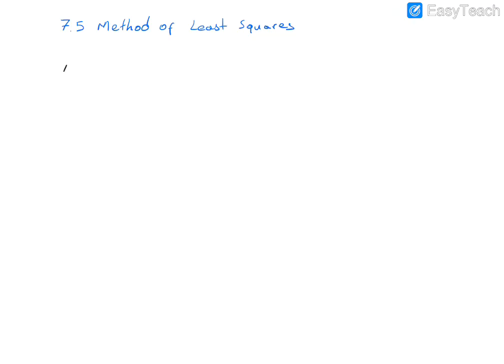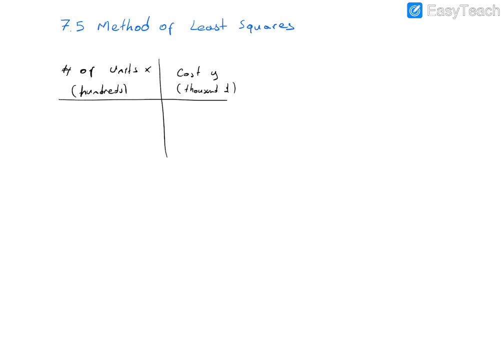The number of units is denoted by x, in hundreds, and the cost is denoted by y, in units of $1,000.